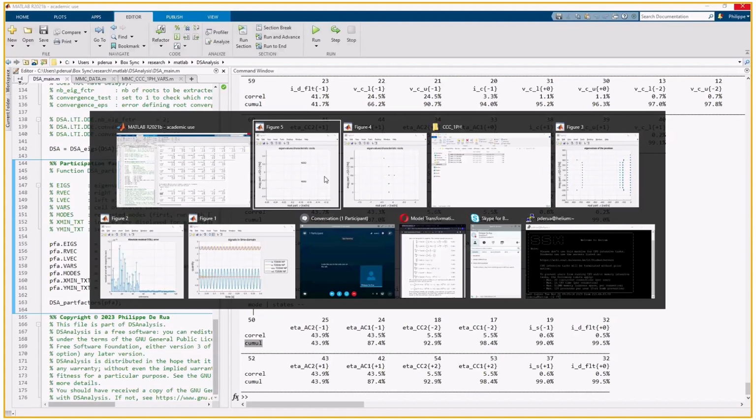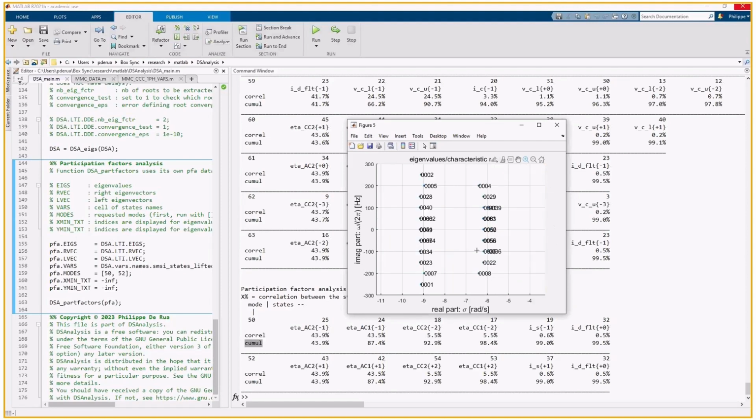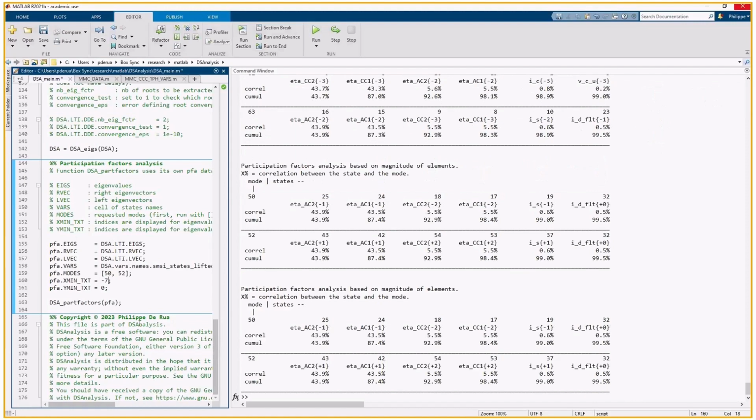In some cases, this plot becomes very difficult to read because you have many numbers. Let's say that you are not interested in numbering all these modes. Well, you can display only those that are interesting to you. Let's say everything with a real part larger than -7 and with an imaginary part that is positive. Something you can do here.